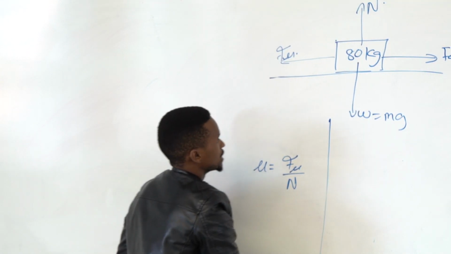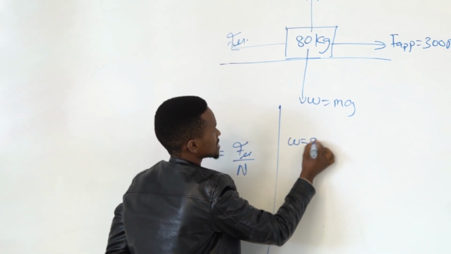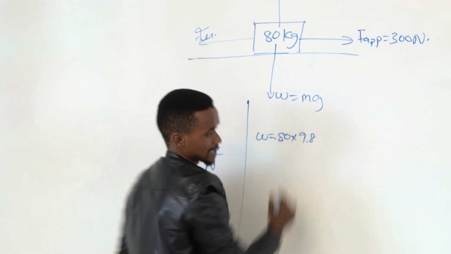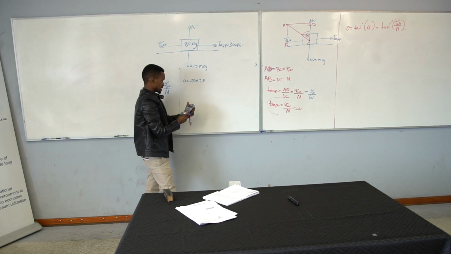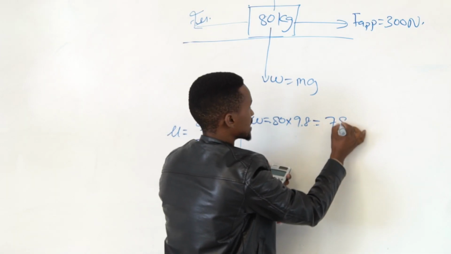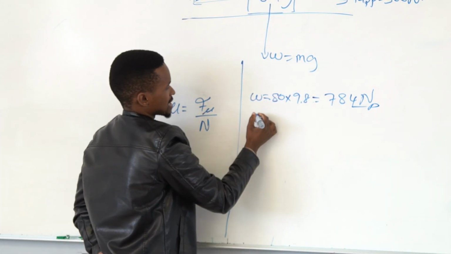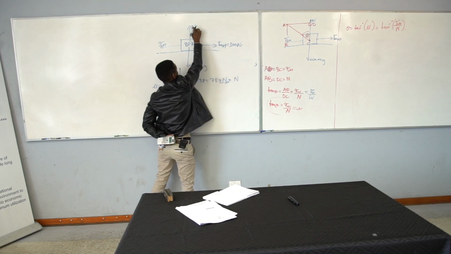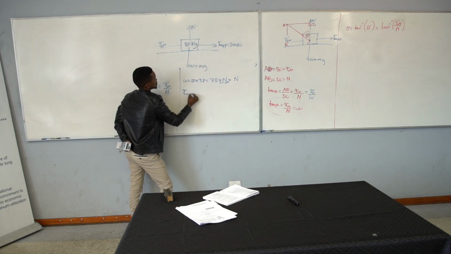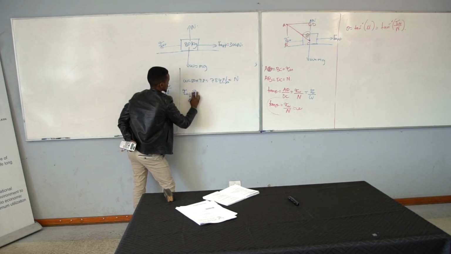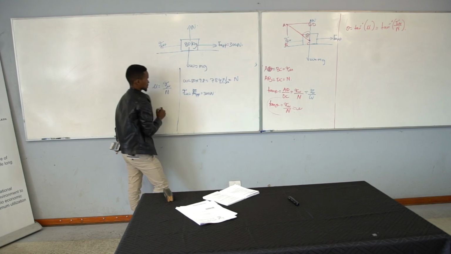Now, we need to calculate the weight. The weight will be the mass of the object, which is 80 kgs, multiplied by 9.8. 80 times 9.8, we're going to get something like 784 newtons. Now, this weight is equal to the normal force. And also, our frictional force is equal to the applied force, F applied, which is 300 newtons.